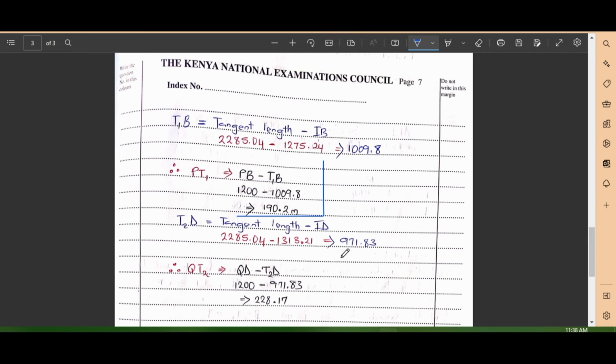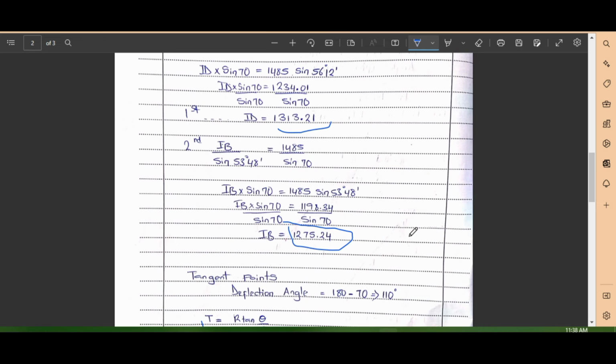Then we do the same. For the second tangent length, we subtract the second distance that we had calculated there.